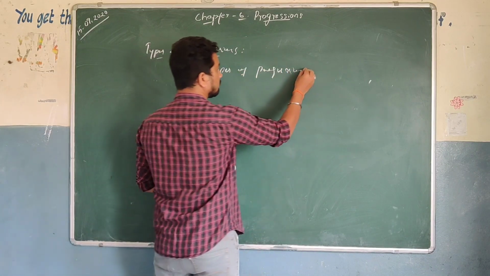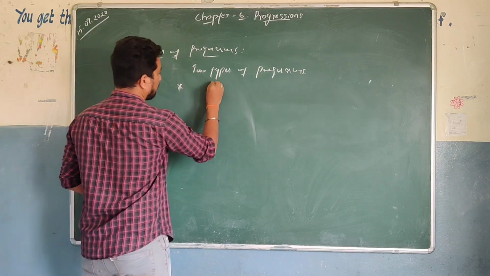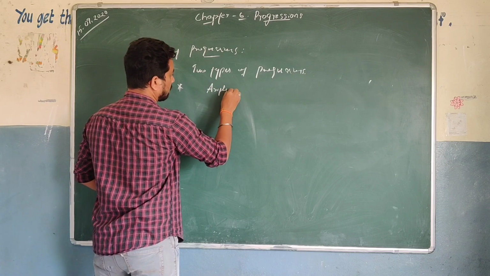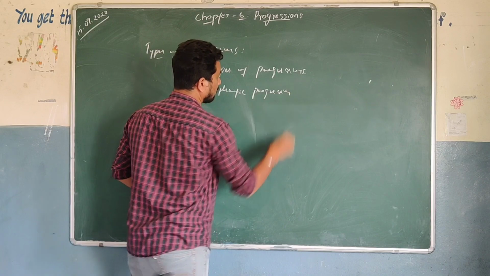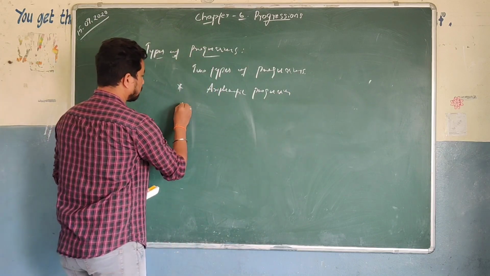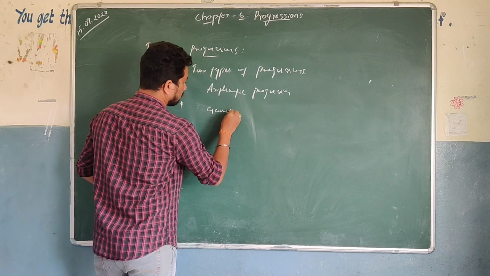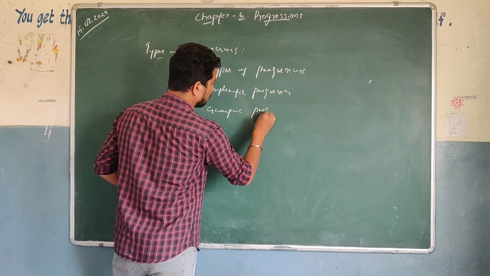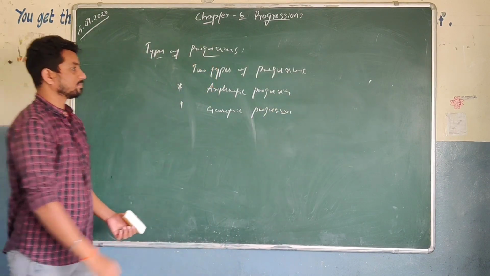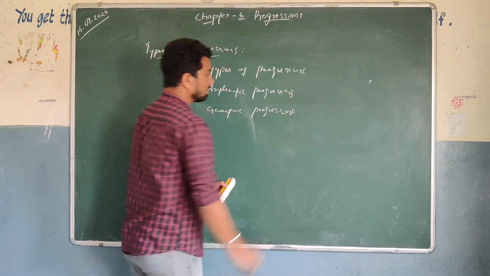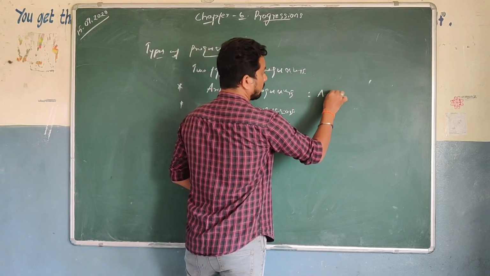One is arithmetic progression, the other one is geometric progression. Arithmetic progression will be denoted with AP.